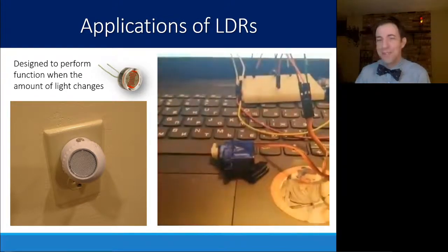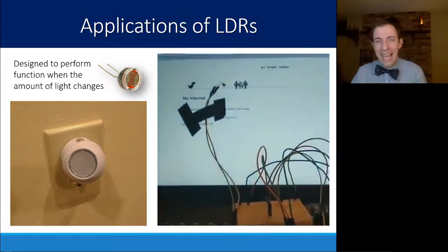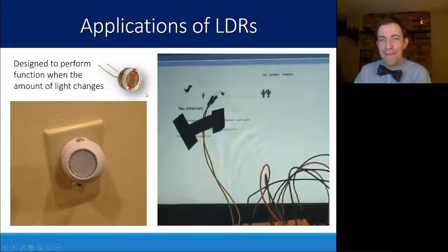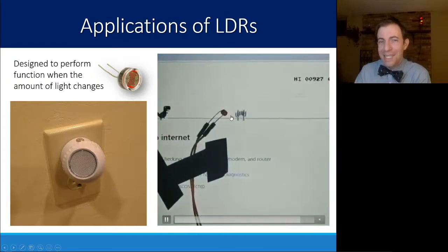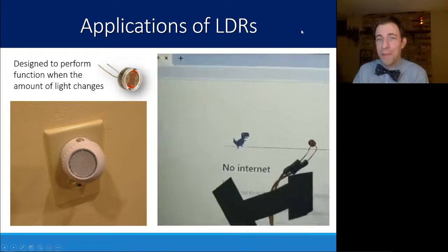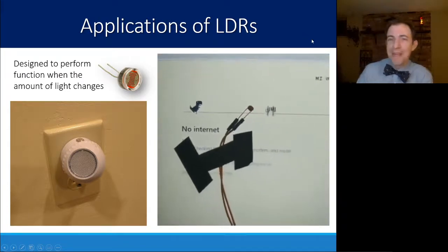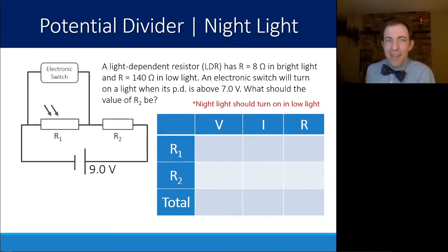So the little dinosaur jumps, and it just works out to be the exact right time because they placed this light dependent resistor at the position it needed to be so that when it triggers the jump will be successful. Just amazing. So let's look at a very specific example here.